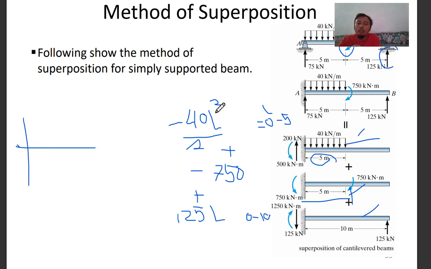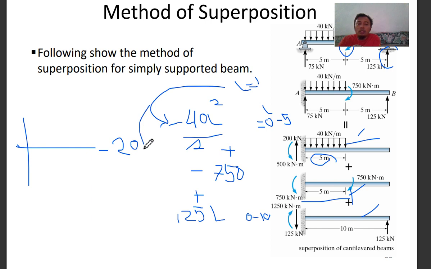Say at x equal to L equal to 1. So this will be 20, at L equal to 1. This will be negative 20.